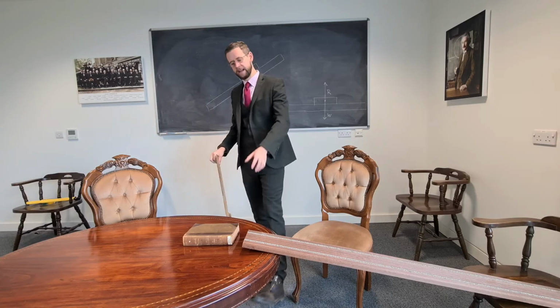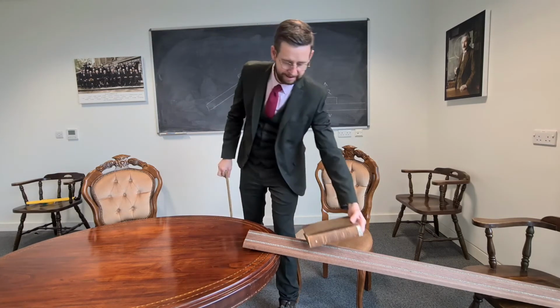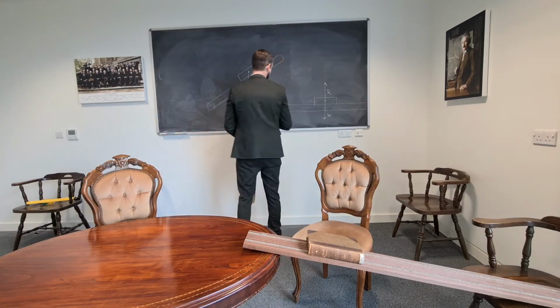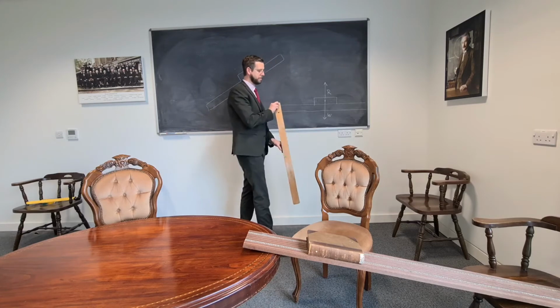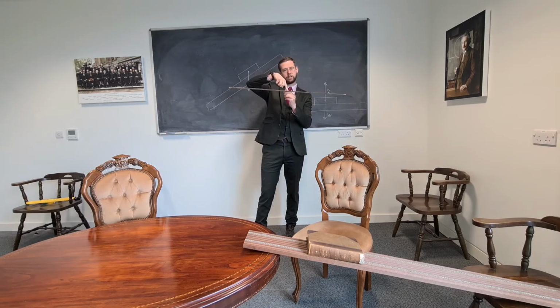So what happens then when we have it on the inclined plane like that? What is different? Well, what happens to the reaction force is that if I press straight down on this ruler, it presses straight back.